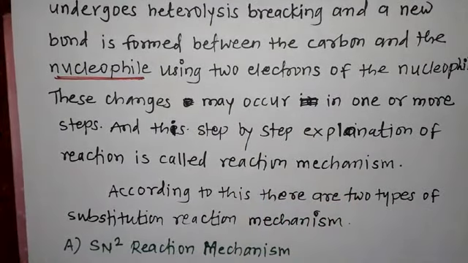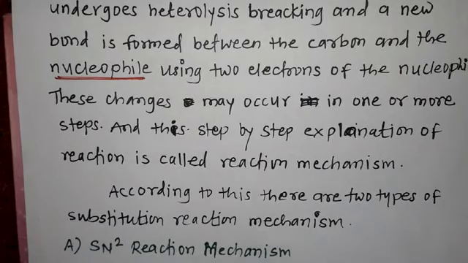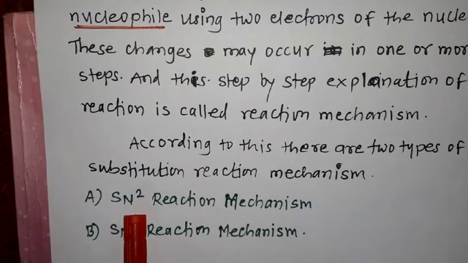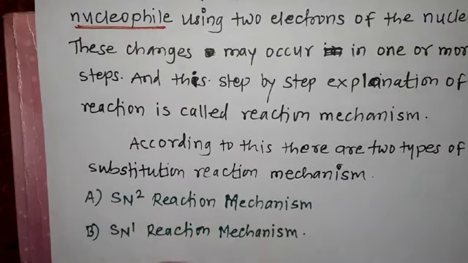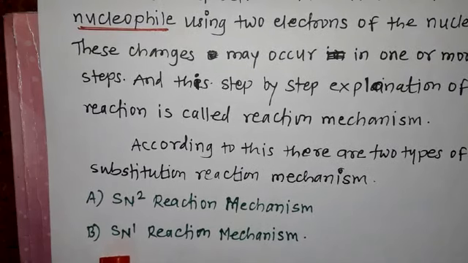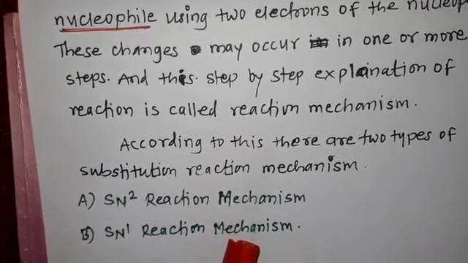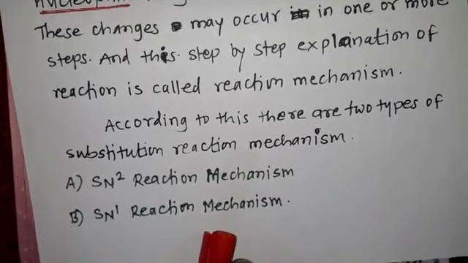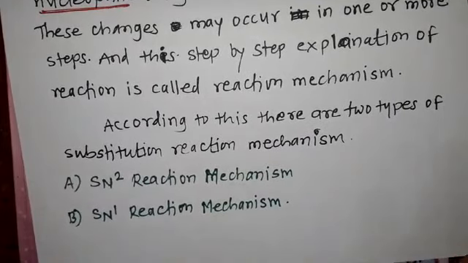And according to this, there are two types of substitution reaction mechanism. First one is the SN2 reaction mechanism, and second one is the SN1 reaction mechanism. And a detailed study of both these reaction mechanisms we will see in the next video.